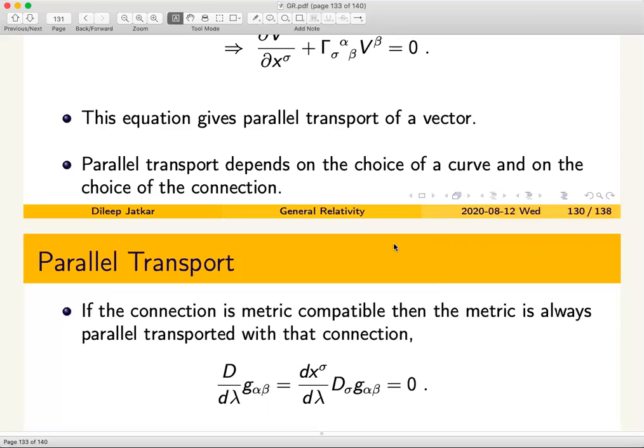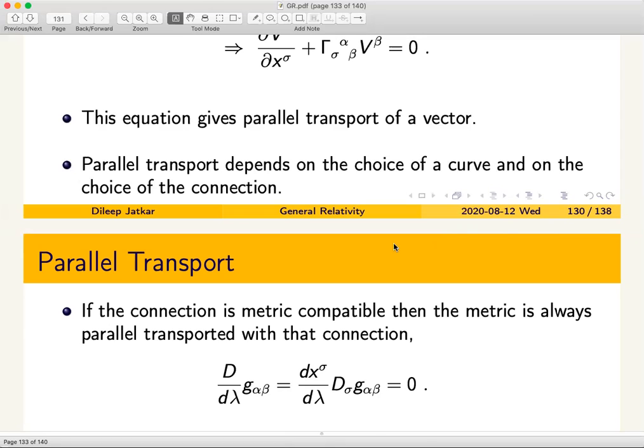More general connections that you could write down may not have any specific symmetry property with respect to exchange of beta and gamma. If you don't have a specific symmetry property, then you can always decompose that connection into a piece which is symmetric under exchange of beta gamma and a piece which is antisymmetric under exchange of beta gamma. If the antisymmetric piece vanishes, then we are back to a metric compatible connection.